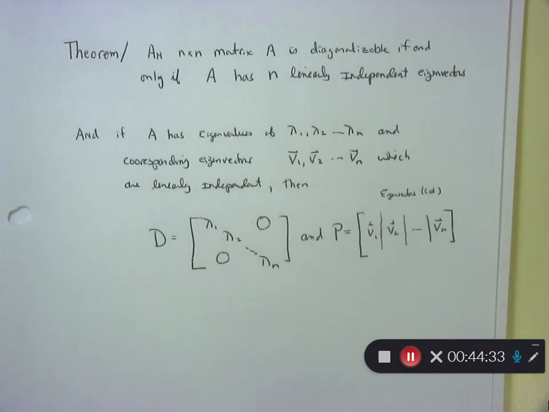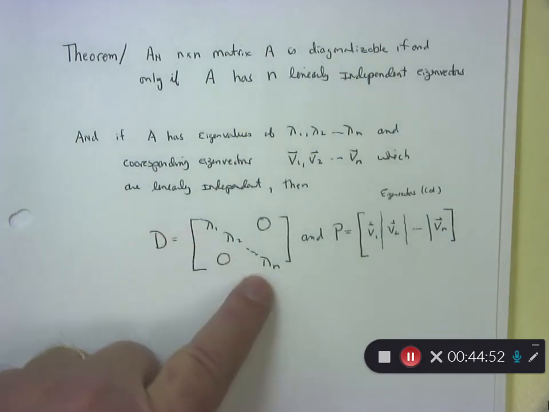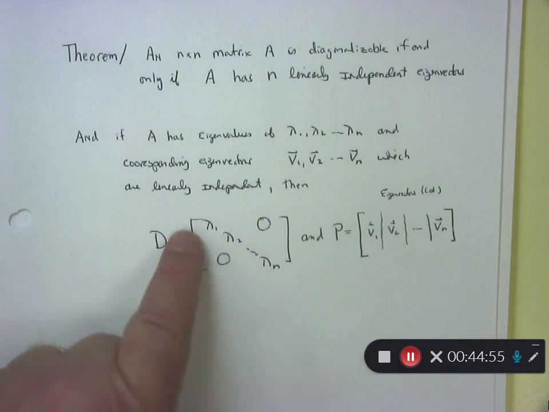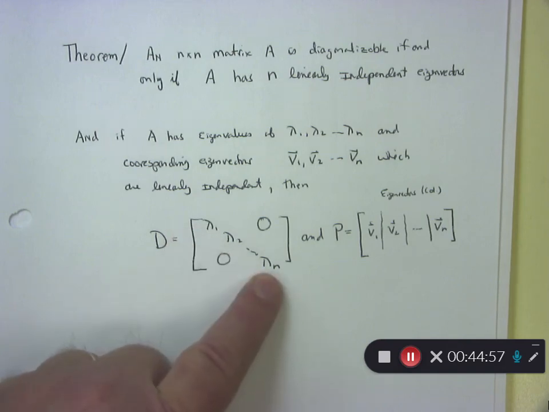What is your D matrix going to look like? D is going to be a diagonal matrix, and the actual entries on the diagonal are the eigenvalues: lambda 1, lambda 2, lambda 3, lambda n. So you get the eigenvalues on the main diagonal of the diagonal matrix here.